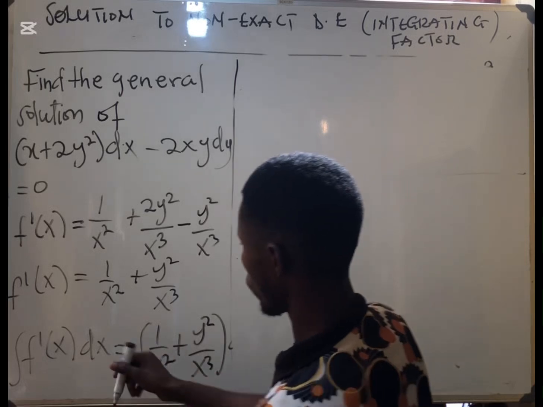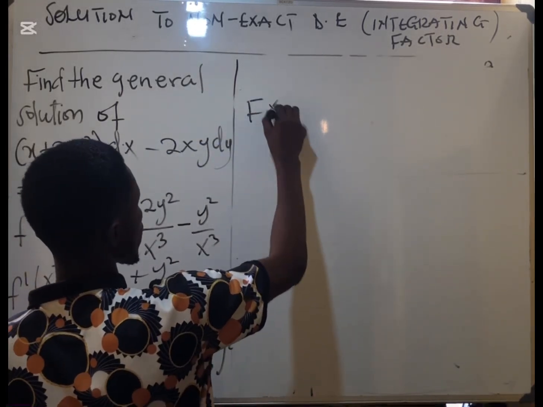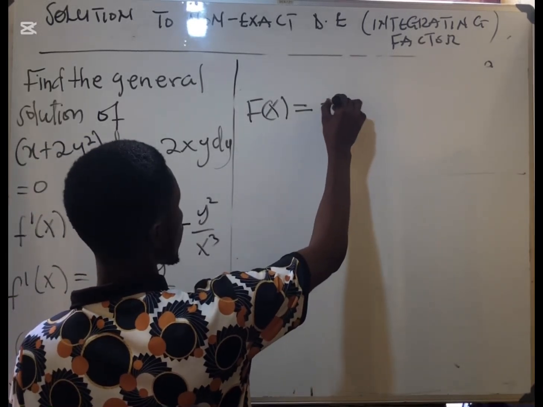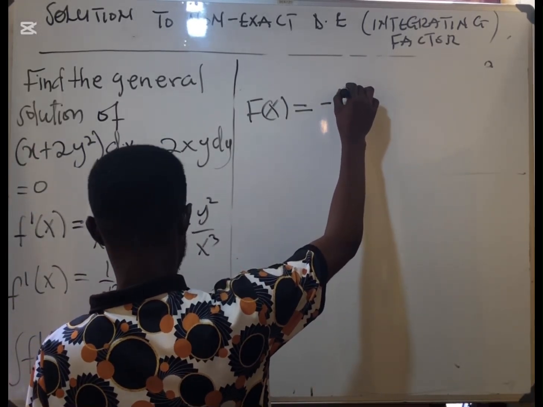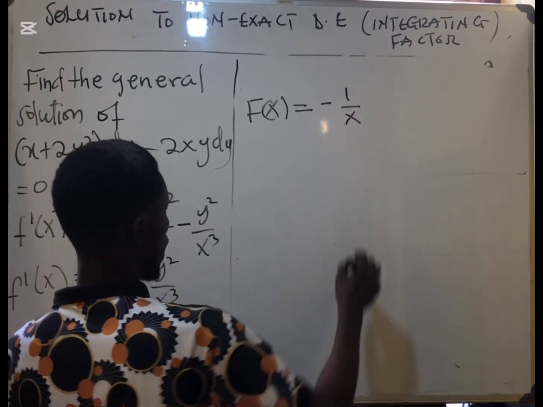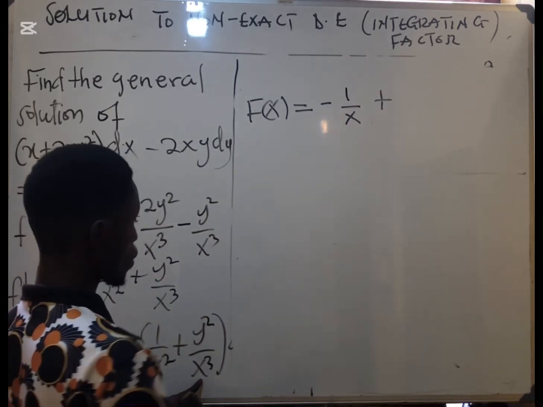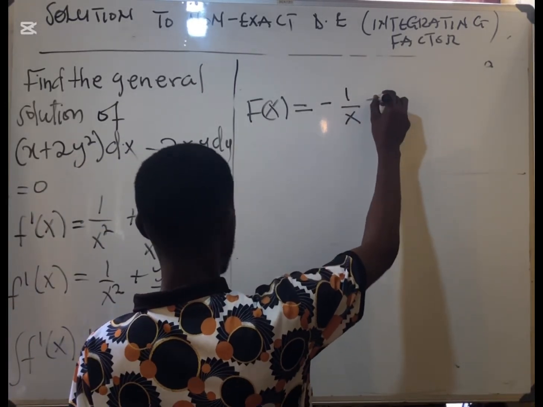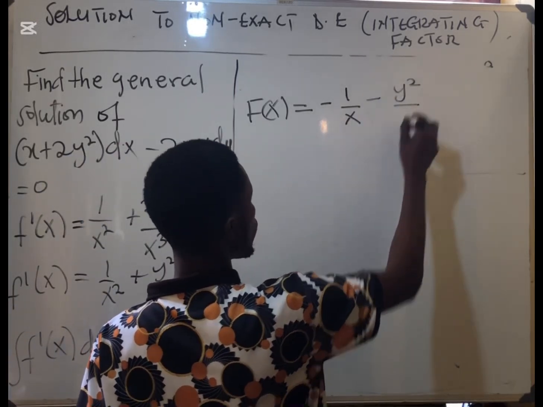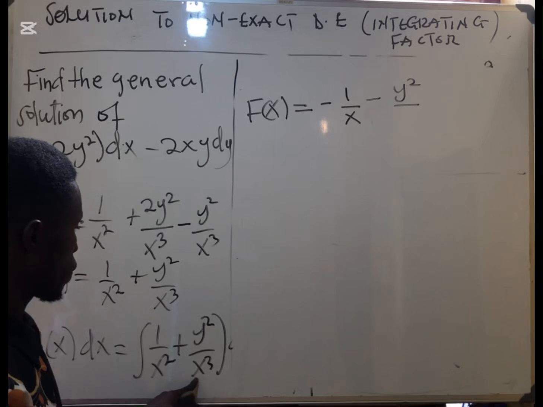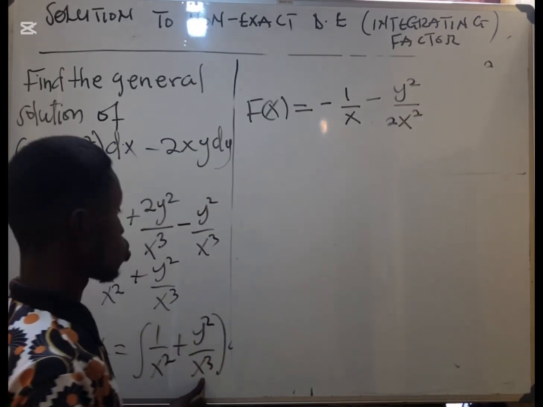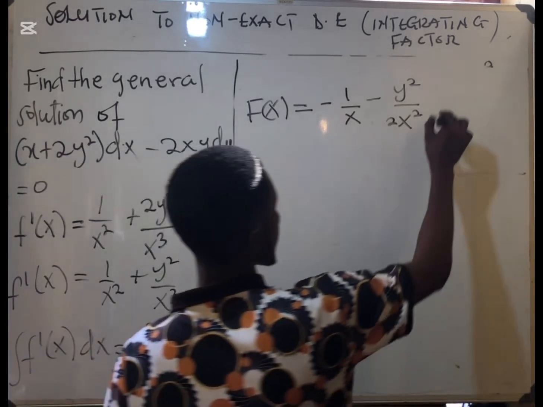When I do that, here will be f of x equals negative 1 over x plus, this side will become negative y squared over 2x squared plus c. Is that okay?